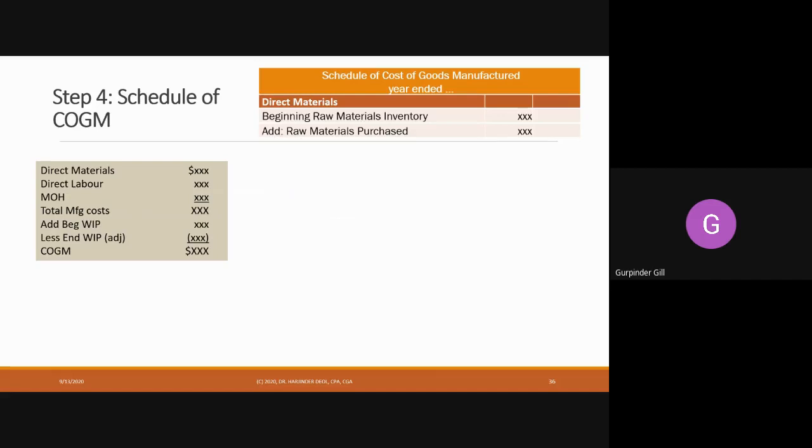So the addition of these two gives us total cost of raw material that is available for use. Out of that, if we deduct our ending raw material inventory, then we would have the resulting number, which is your raw material used in production.